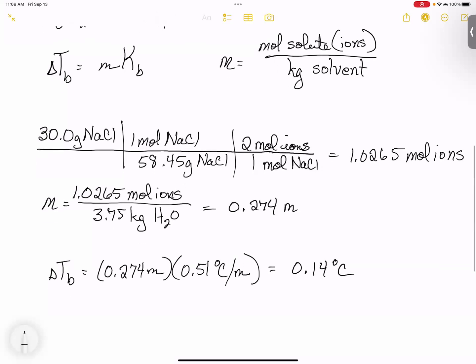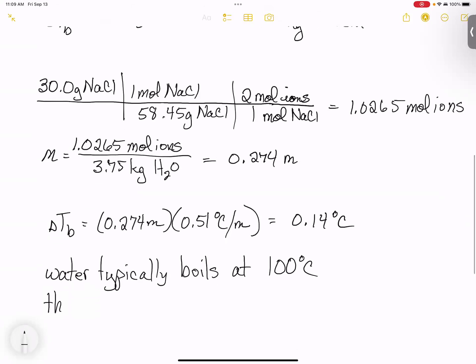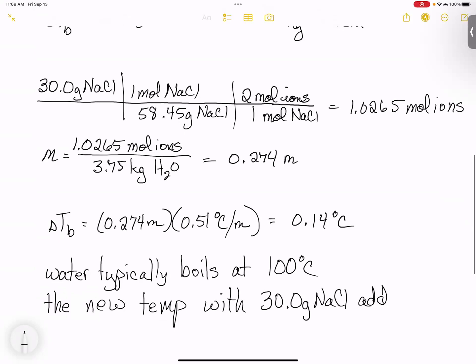What this means, folks, is water typically boils at 100 degrees Celsius. The new temperature with 30.0 grams of sodium chloride added is going to be 100.14 degrees Celsius.